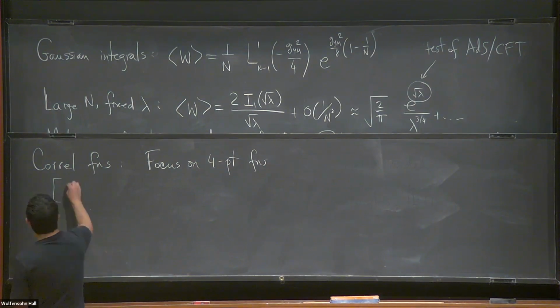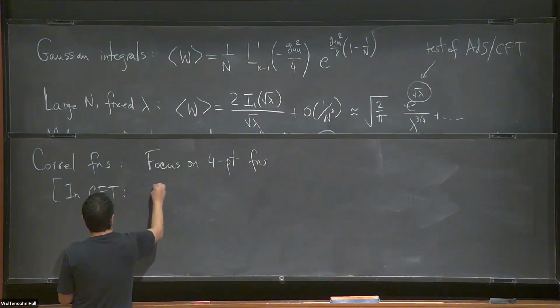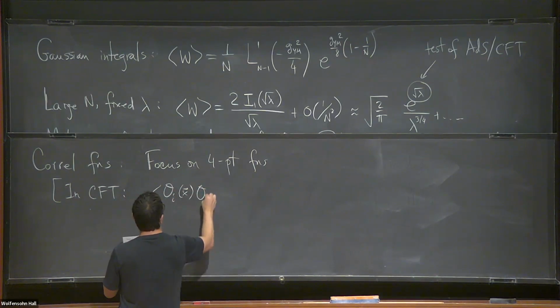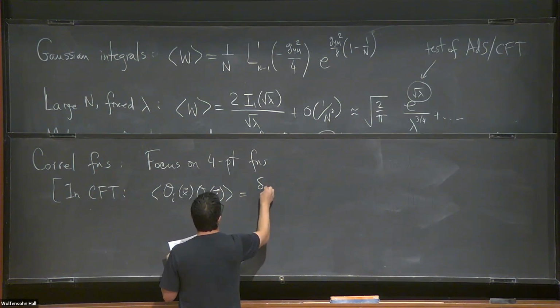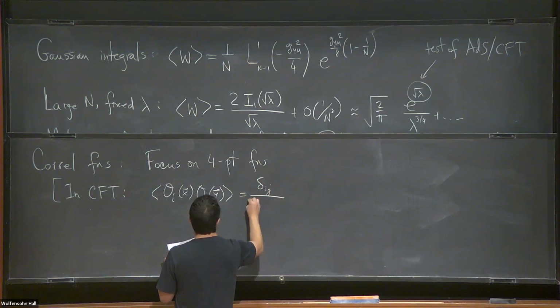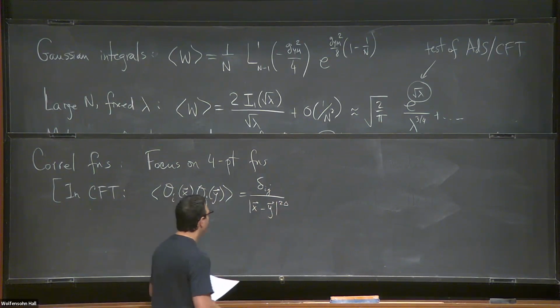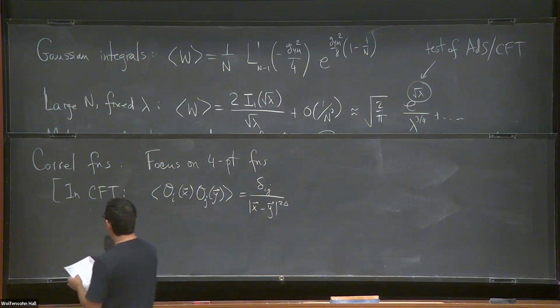So in a CFT, for example, the 2-point function of two operators, O_i of x and O_j of y, can be taken to be, since we're just choosing the basis of operators, delta_ij over (x minus y) to the 2 delta. The 3-point function is also pretty simple.